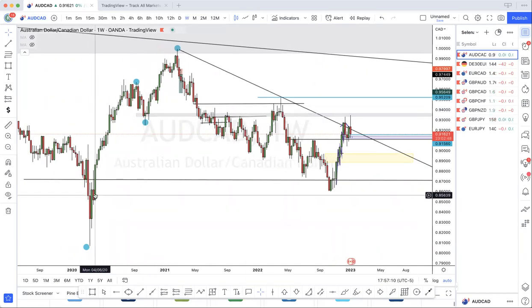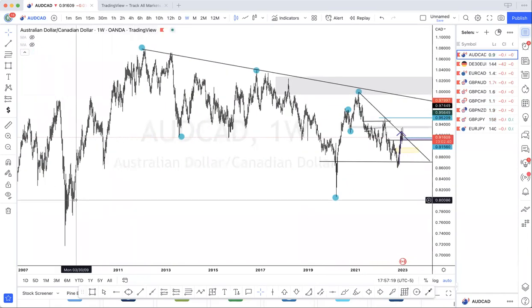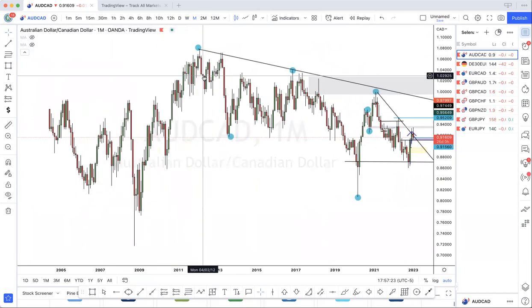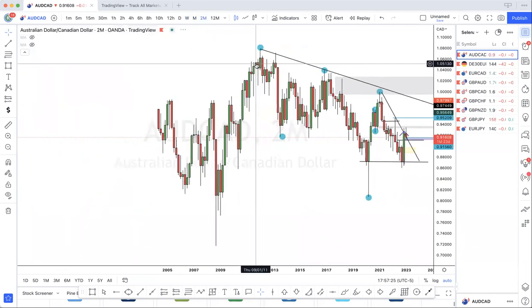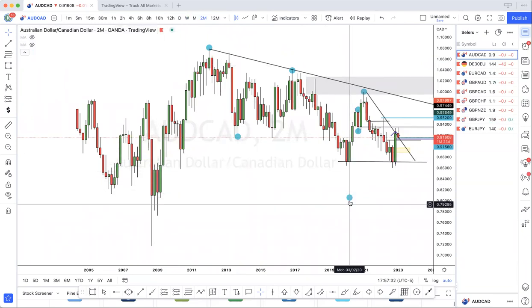But from here on out, we were looking for buys because price tapped into an order block over here, I think it was on the 2-month. Price tapped into it, rejected, and came all the way back up here.